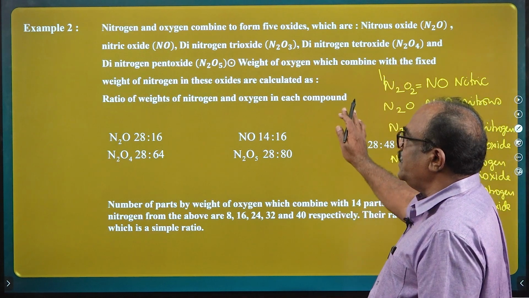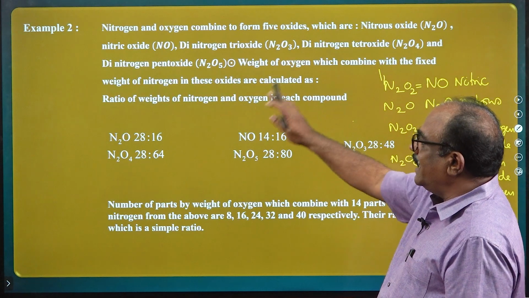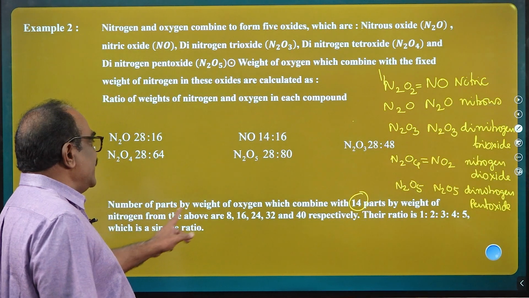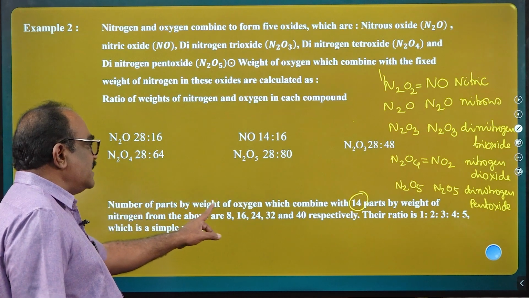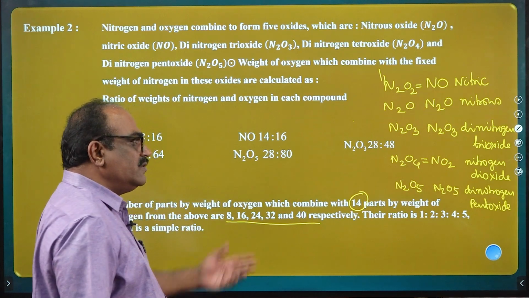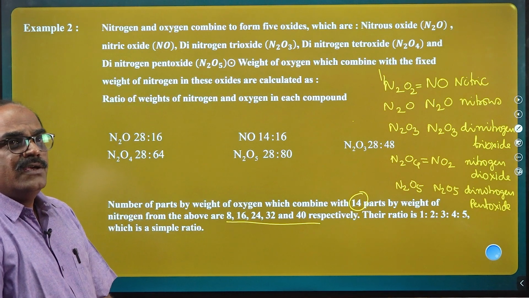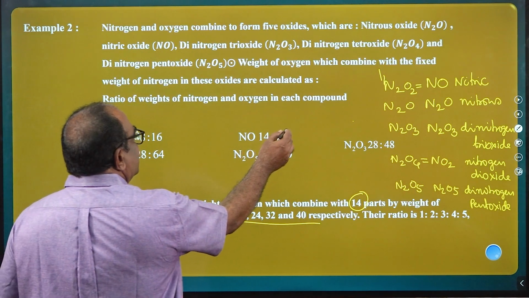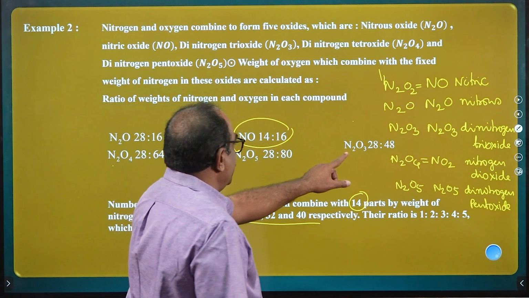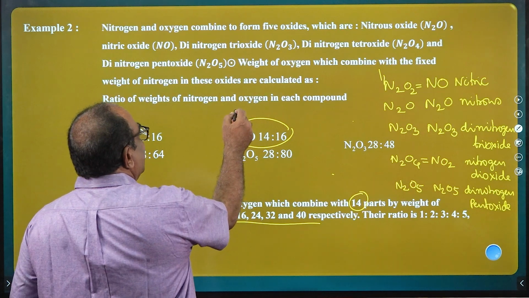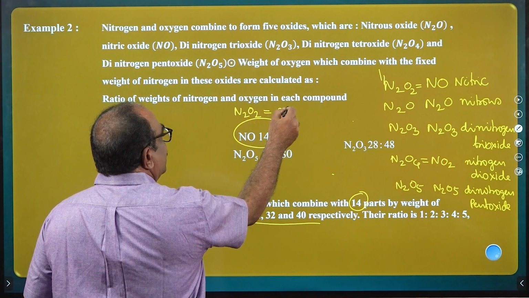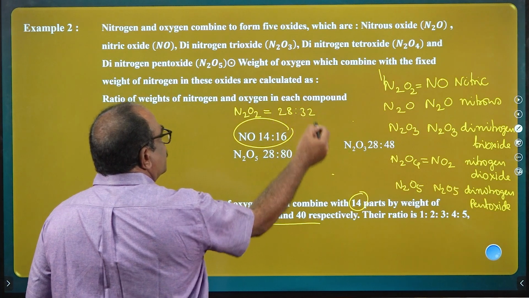That means fix the weight of nitrogen and calculate what amount of oxygen will be combining. 14 parts by weight of nitrogen combine with how many parts of oxygen by weight? So these are the oxygen weights in all the chemical compounds. You can take the ratio. If you want, you can raise this quantity, because for N2O, N2O4, N2O3, N2O5, I write NO as N2O2 or 2NO. It will be equal to 28 is to 32.